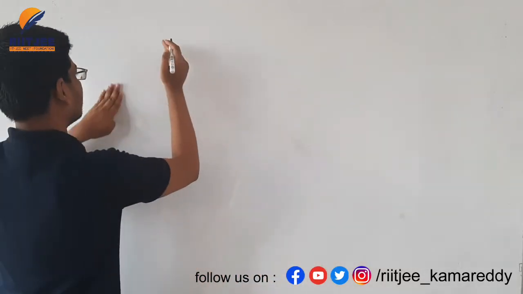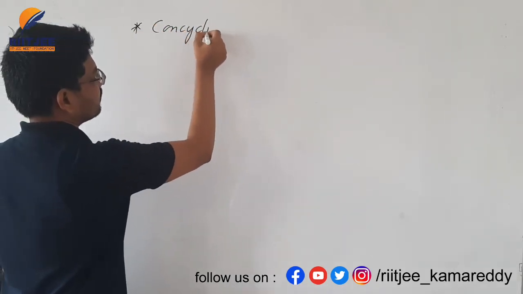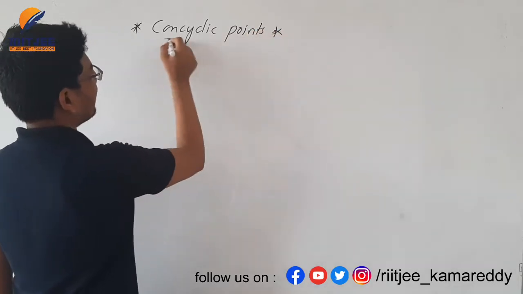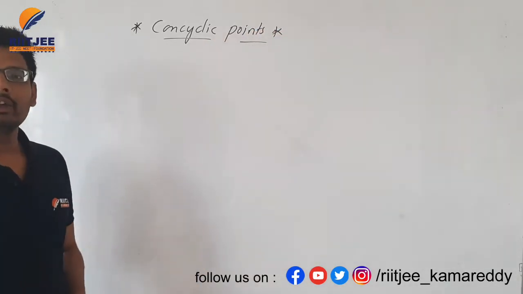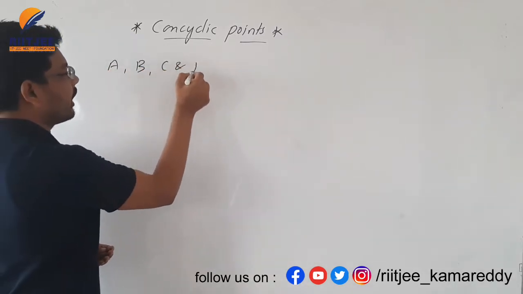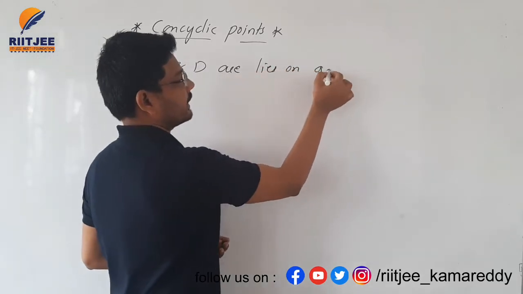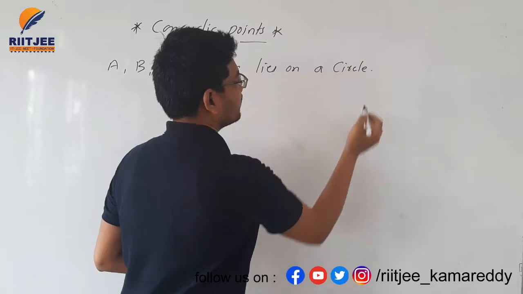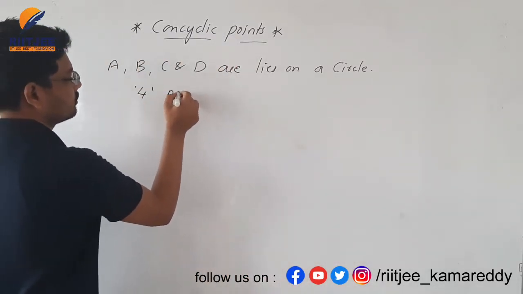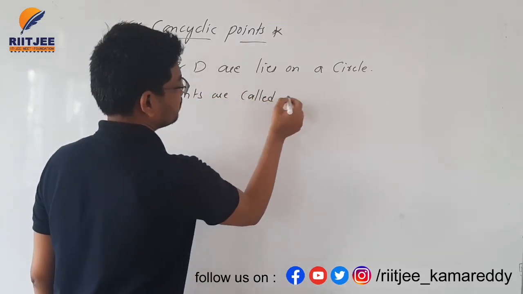The concept name is concyclic points. Concyclic points are nothing but when 4 points, A, B, C and D, lie on a circle, then these 4 points are called concyclic.